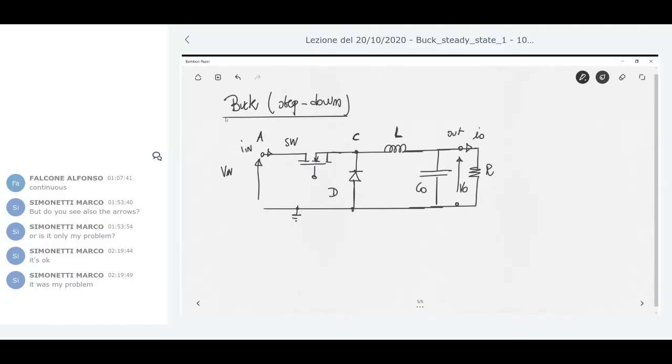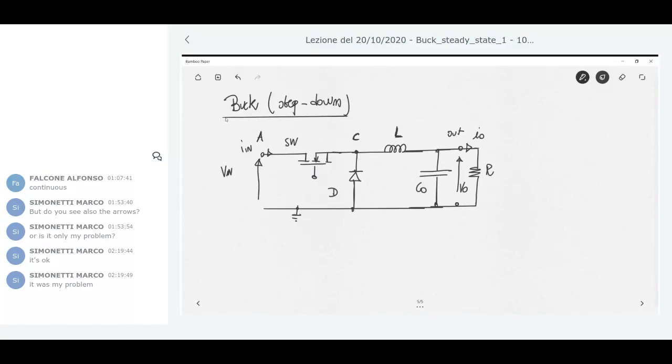Remember what I said in the first introductory lectures about the power converter. I said that one of the main problems in buck converters, boost converters, or switch mode converters is that they generate a lot of noise because we have switches. The switches can be turned on and turned off very fast and in a periodic way.